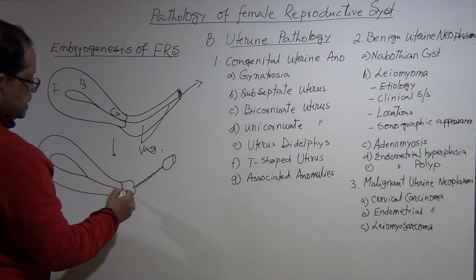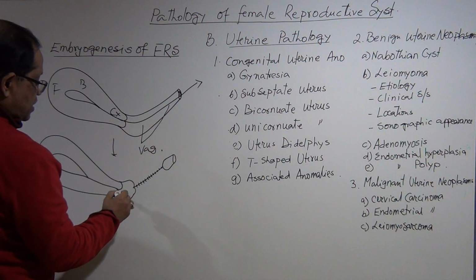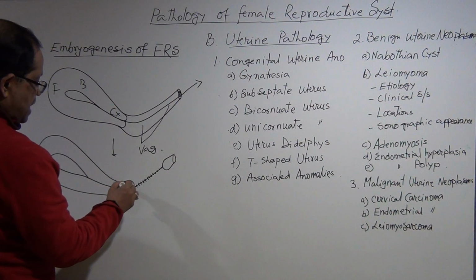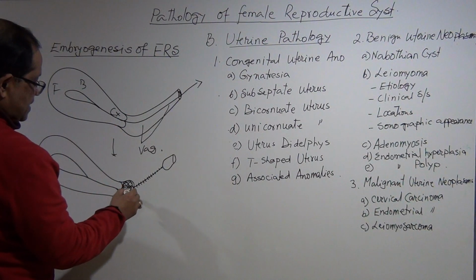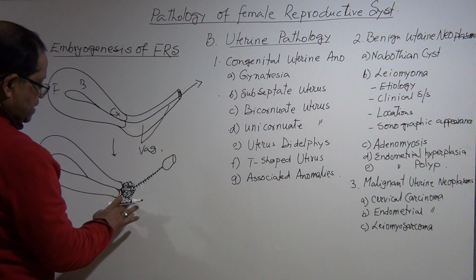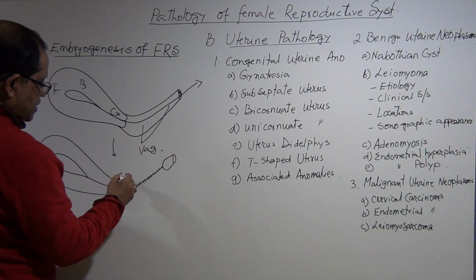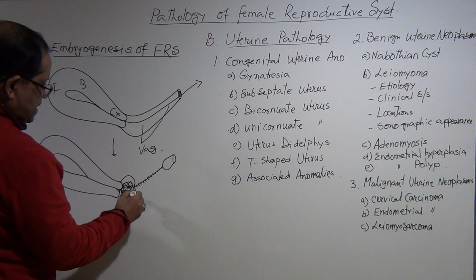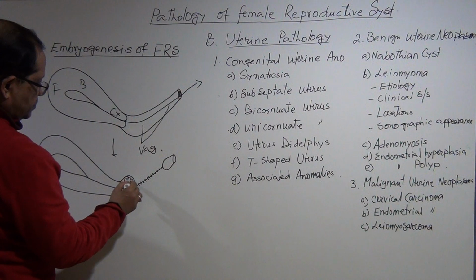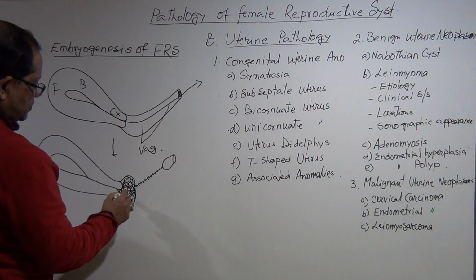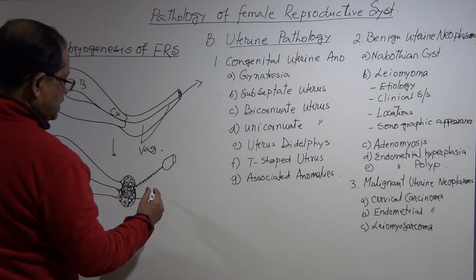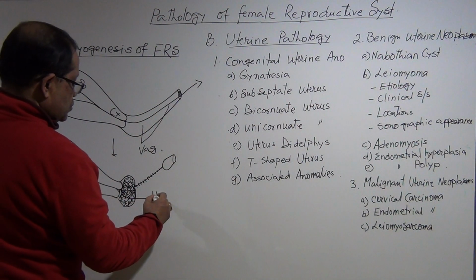So then you will see they will develop the blood here, and finally it will be very dilated. Okay, you will see the upper part of the vagina is dilated. We call it hematocolpos.